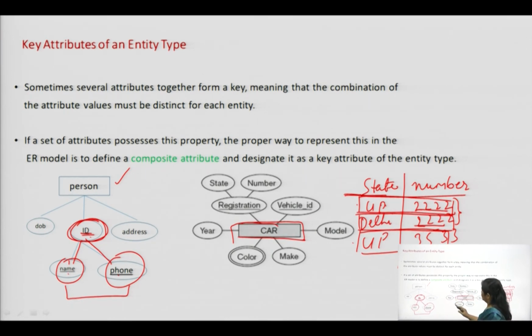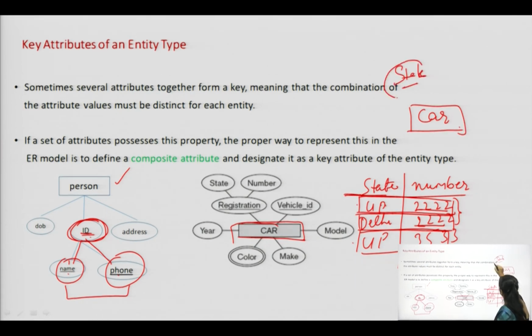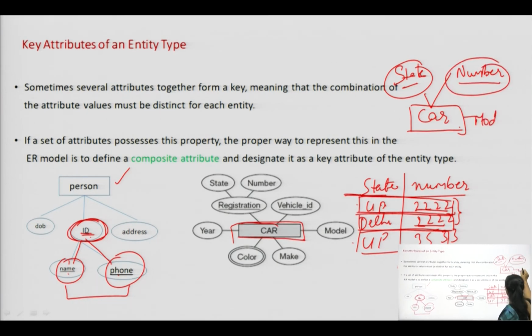But then if we say state and number will together form the key, that means I will end up writing something like this. Underline. Why? A key is always underlined. Number underline and the other attributes that are there. Also we said vehicle ID is a key.